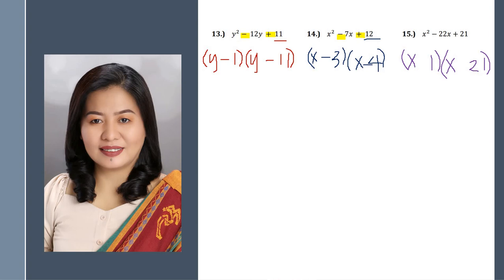The last term is positive, so both will have the same sign, and since the middle term is negative, we'll be using minus for both. So negative 1 plus negative 21 is negative 22. Negative 1 times negative 21 is positive 21. Next.